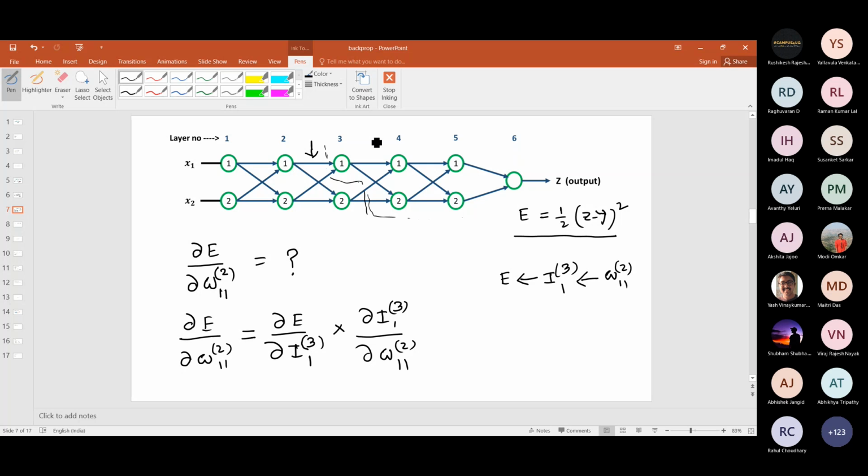I am interested right now in how much change I am going to see in E with respect to W11, the influence of that particular weight only. So sir, that would be automatically 0? Yeah, that's automatically zero. There is no point computing that because they are not dependent. Right, so only that part of the network you have to consider where you are influencing using W211 only.